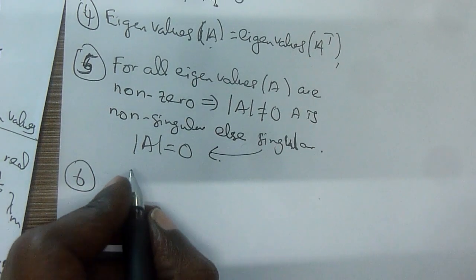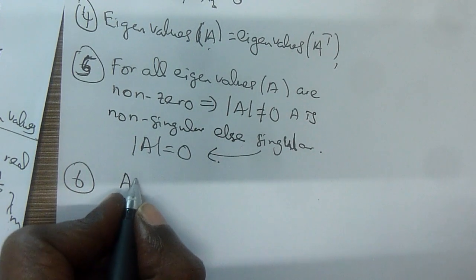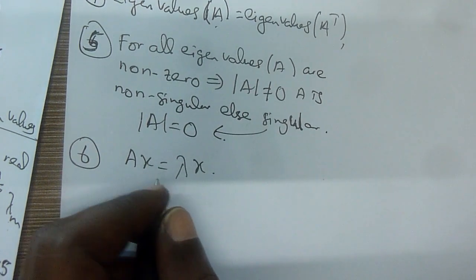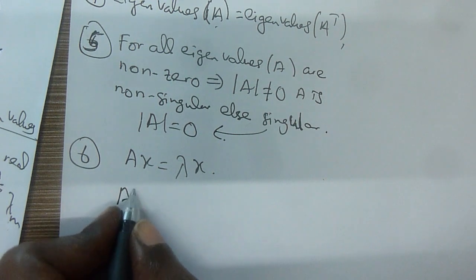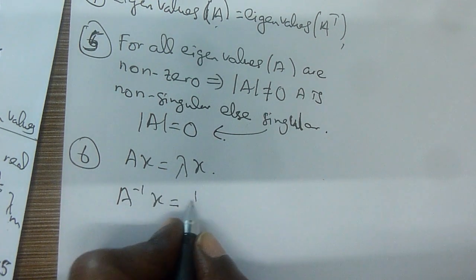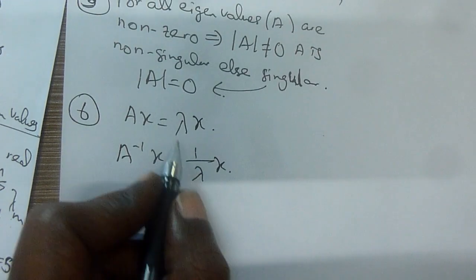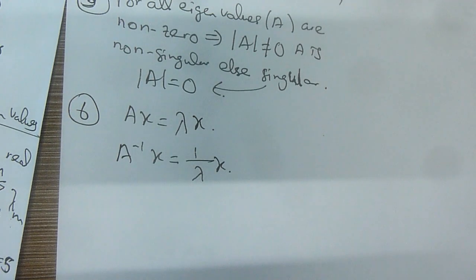Number 6. Okay. You won't use all these logics lah. You never learn also. I don't know whether you will learn this. Okay, you take the inverse of that lambda, you get 1 over lambda, then it can be reversed. Okay, reversed of this.